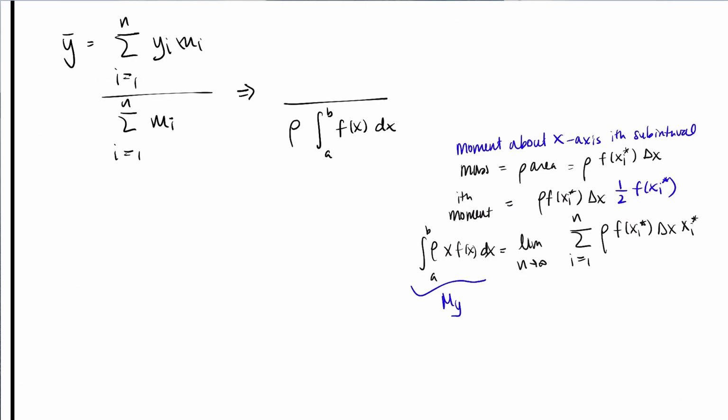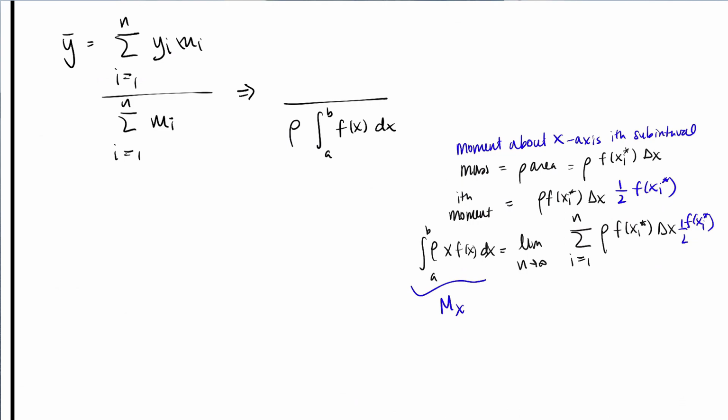So then my x moment, mx, becomes, instead of having xi, we have 1/2 f of xi star.